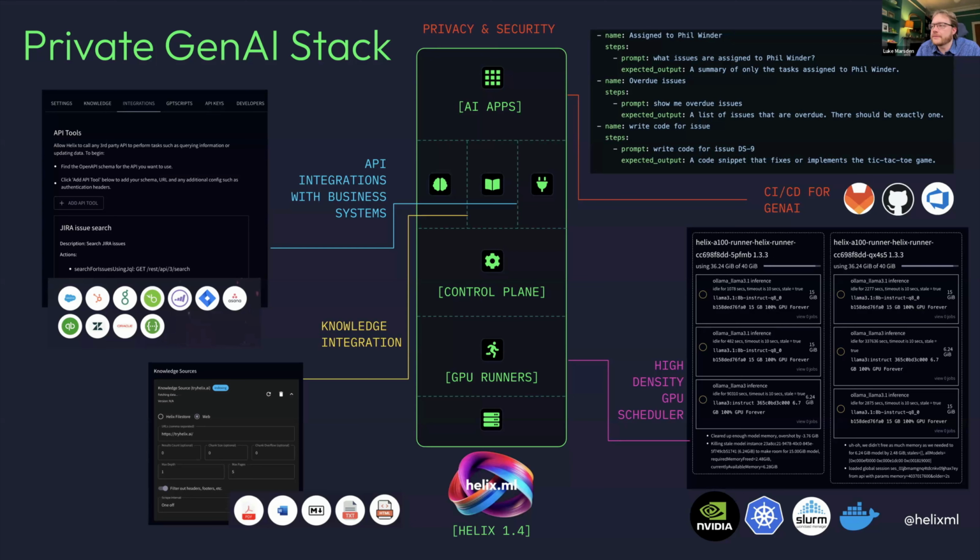Just to give a brief introduction to what Helix is. Helix is a private Gen AI stack, which another way of thinking about that is it's like a version of OpenAI and ChatGPT that you can run locally on your own infrastructure.